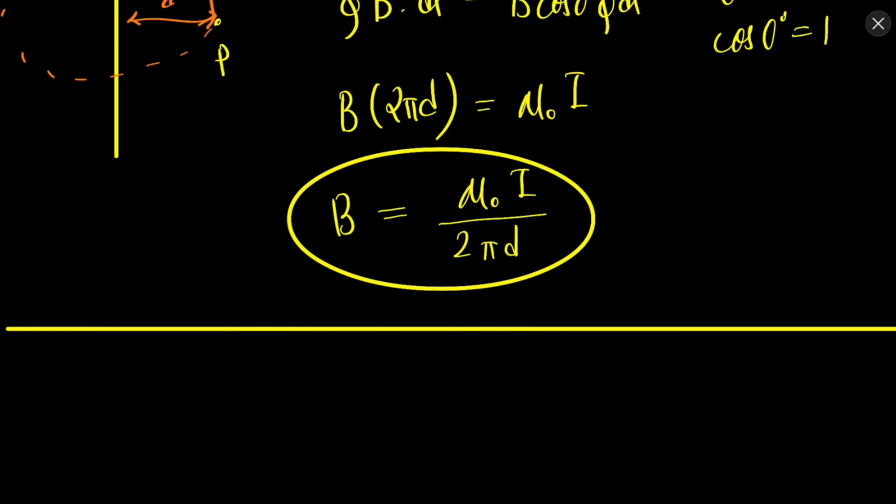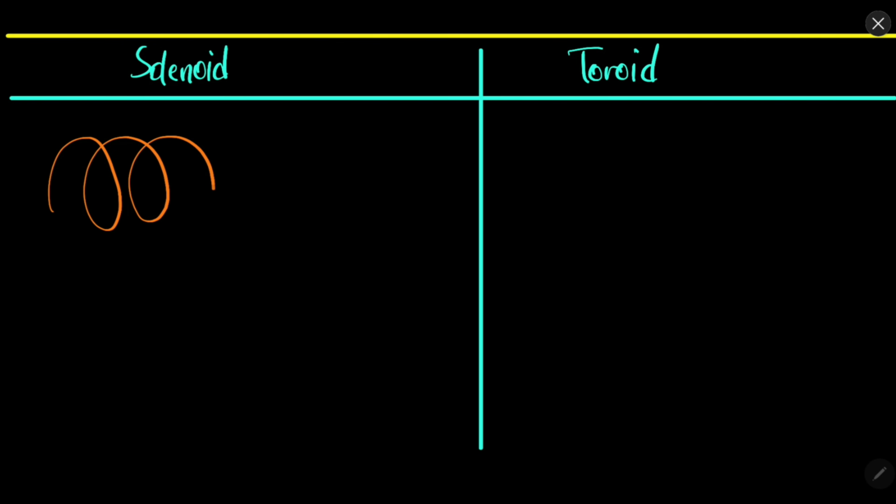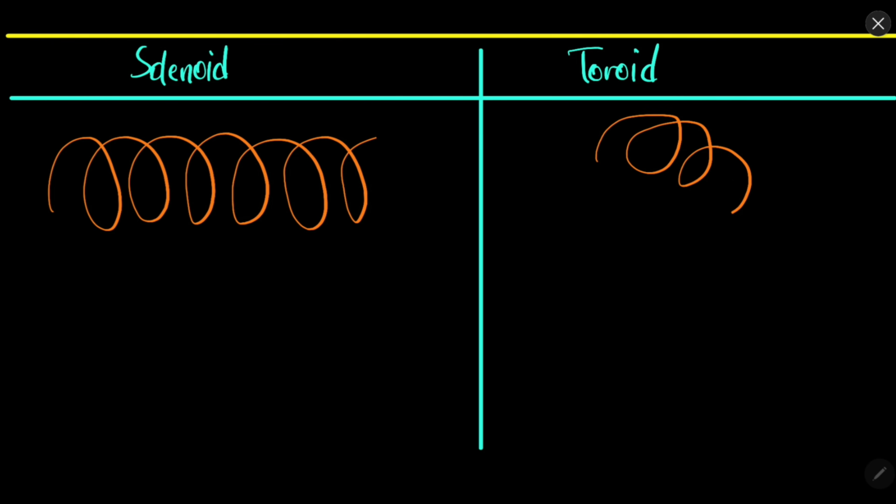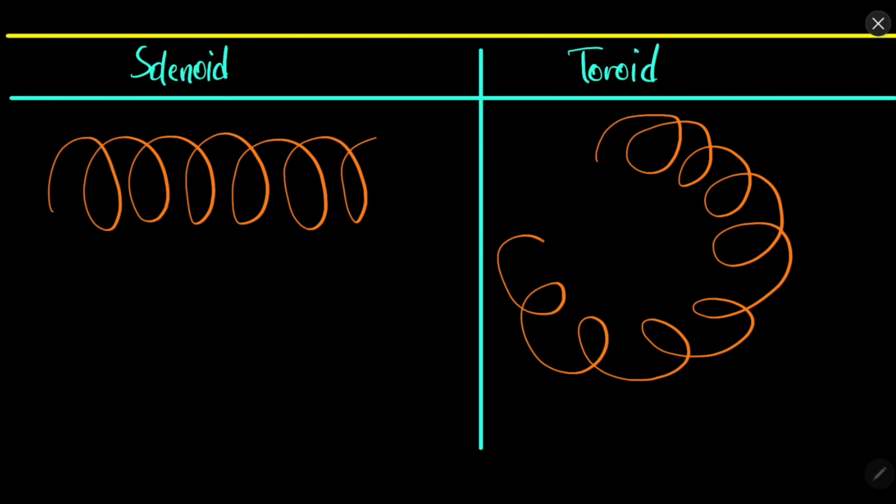Now there is a concept of solenoid and toroid. A solenoid is a device having multiple coils of wire, and a toroid is a solenoid which is joined from end to end. So let's say we have a solenoid and we join it end to end, so it will become a toroid.